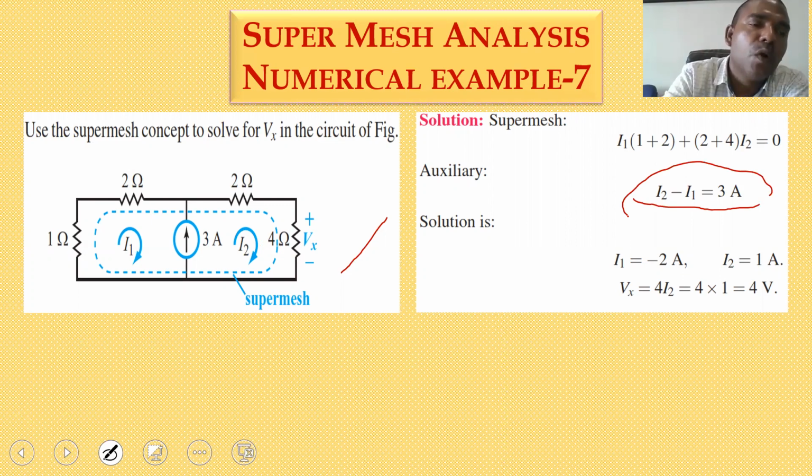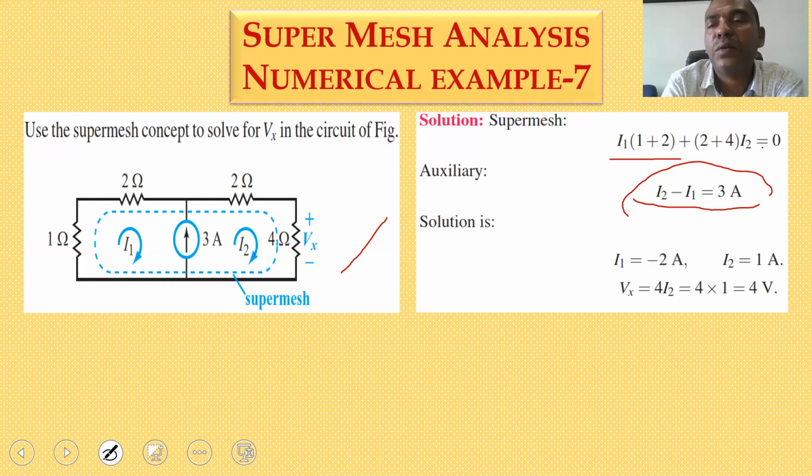Then writing the overall loop by open circuiting the current source. For the first loop, 1 into I1 is the drop. The 1 ohm resistor drop is 1 times I1, and the 2 ohm resistor drop is 2 times I1, so finally you are writing 1 plus 2 into I1. Coming to the right hand side, the 2 ohm resistor drop is 2 into I2, and the 4 ohm resistor drop is 4 into I2.